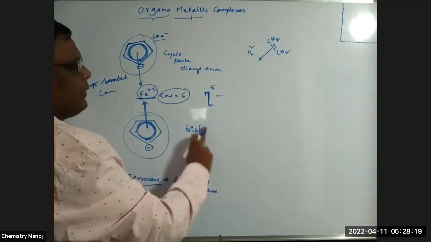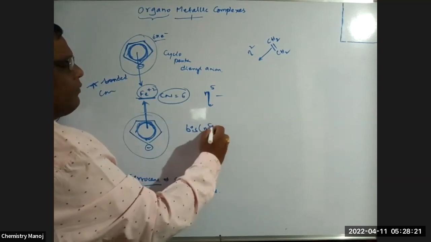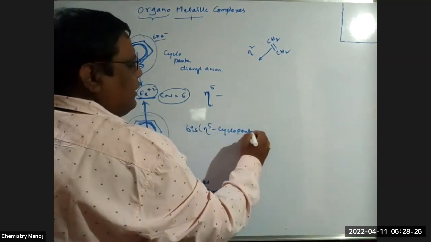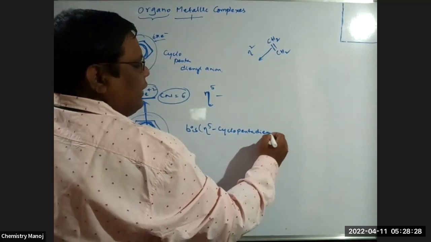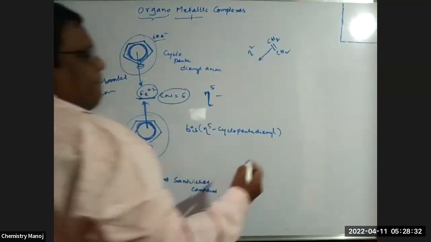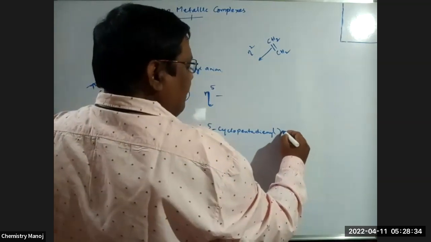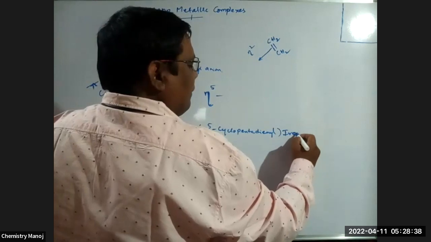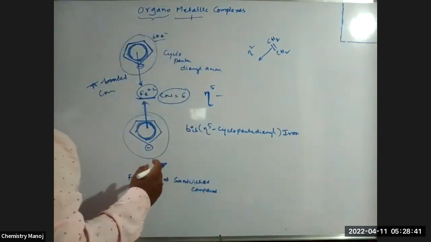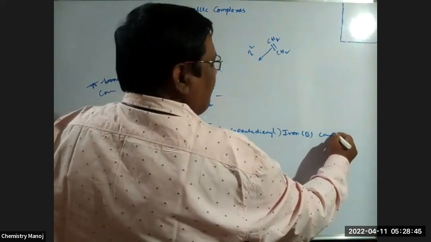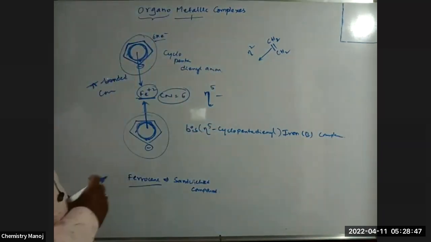Bis eta power 5 cyclopentadienyl iron. So the iron cation's oxidation state is 2, an iron 2 complex. Iron 2 complex. Cyclopentadienyl.